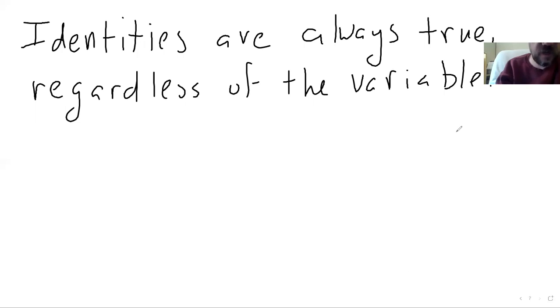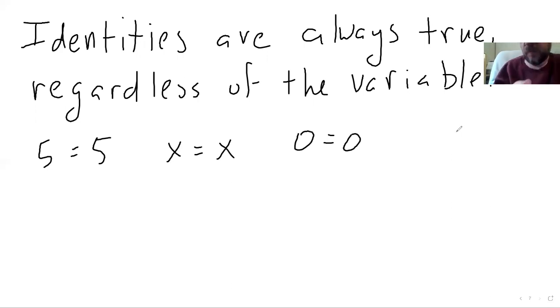The simplest kind of identity is something like this, right? That's true. It just is. It's just always true. So it's an identity. Another thing that's always true is that x equals x, right? Or 0 equals 0. These are really common final results that tell you have an identity.